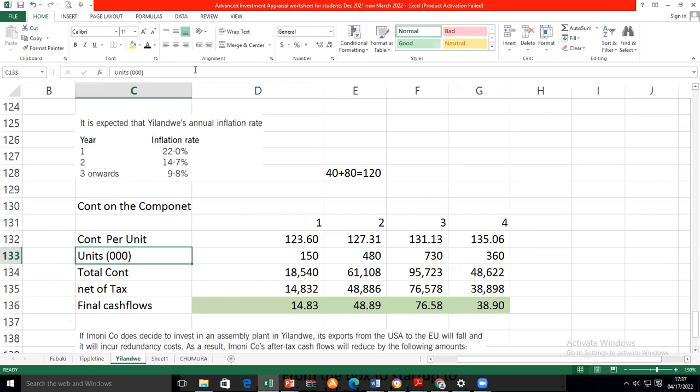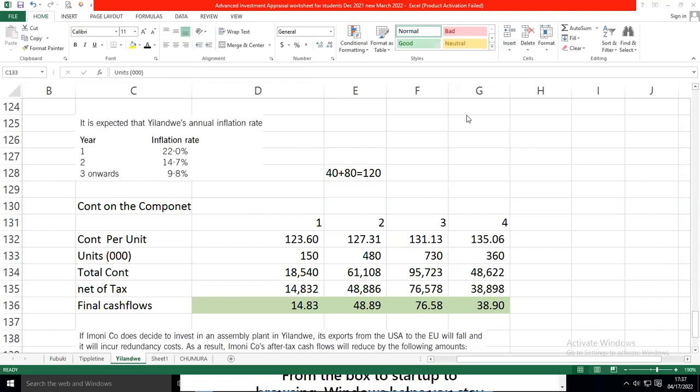So remember, the original contribution was only 40. But we have negotiated for the increase in the transfer to 280. So there's an increase of 80.